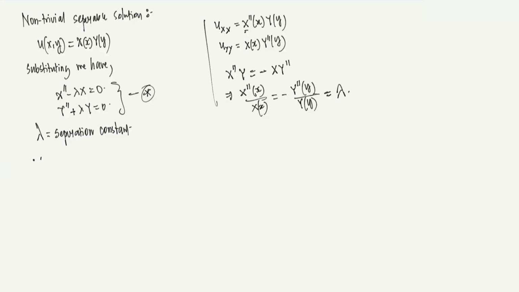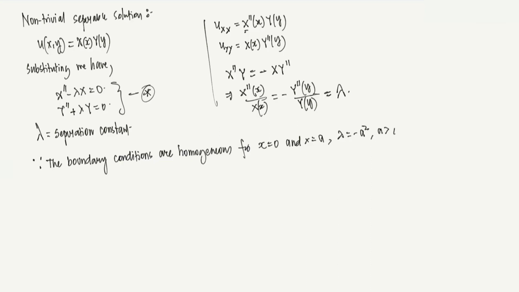Since the boundary conditions are homogeneous for x equals 0 and x equals a, we choose lambda equals minus alpha square, where alpha is positive, and what we actually end up with is X double prime plus alpha square X equals 0, and X at the point 0 equals X at the point a equals 0. Clear? See what is happening here.